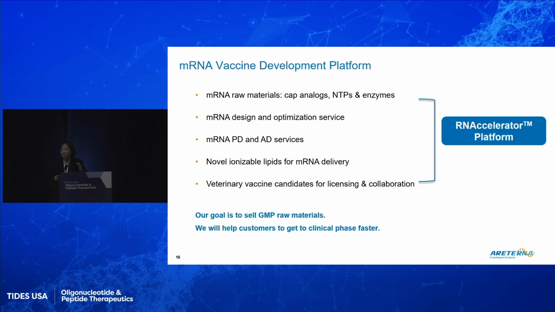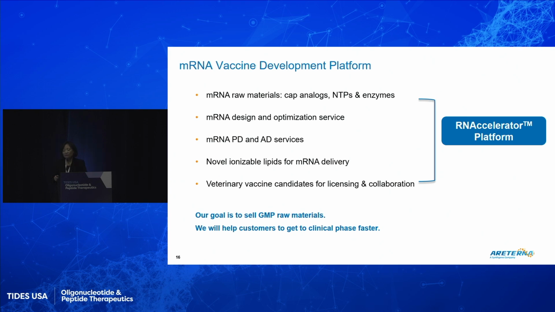It has about five components. One is mRNA raw materials, because we make those raw materials and they're readily available. We also make them affordable to democratize mRNA vaccine. We can offer mRNA design and optimization service. Followed by that, we can do process development and analytical development.